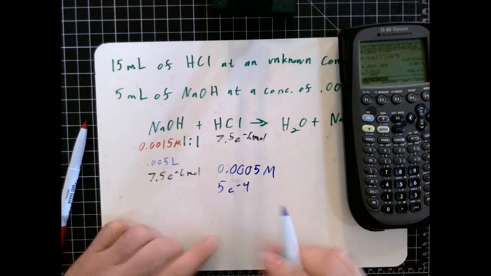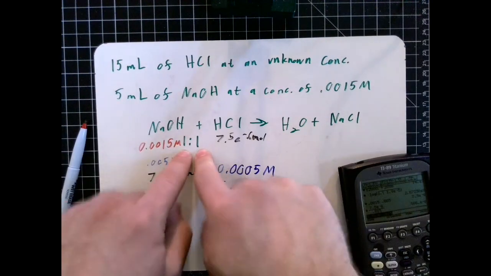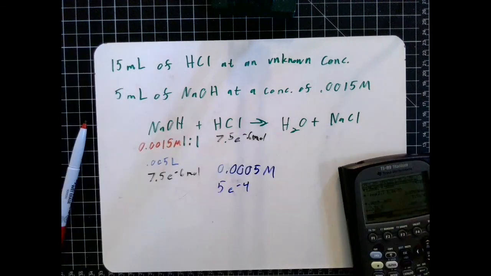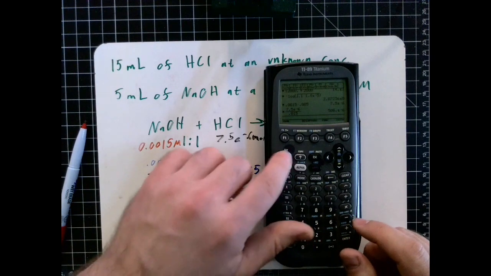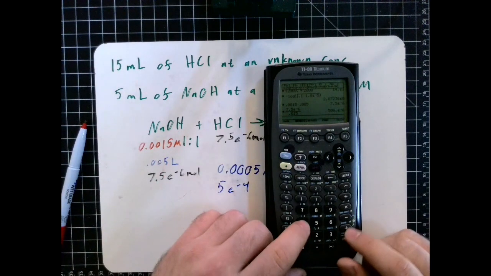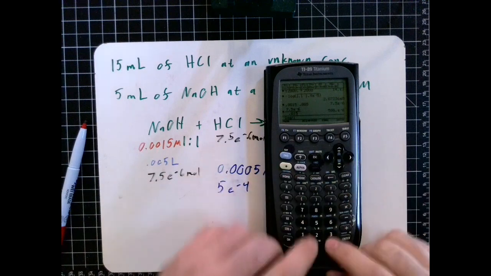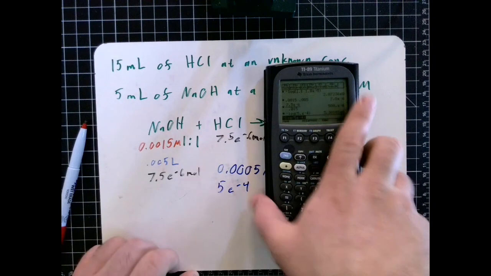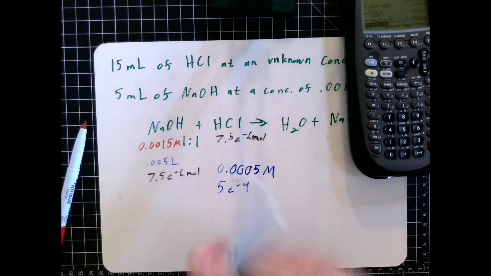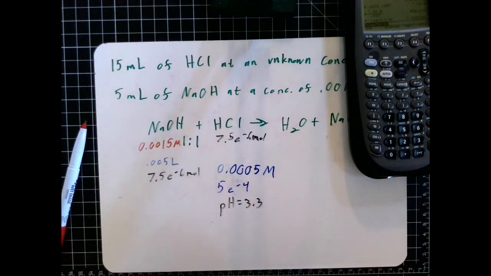Now we can figure out the pH of our initial solution. We don't need to do any work on the other side because we only care about this ratio. So with that 5 e negative 4, let's do our log. It's going to be a pH of 3.3. So that's how we solve a titration problem.